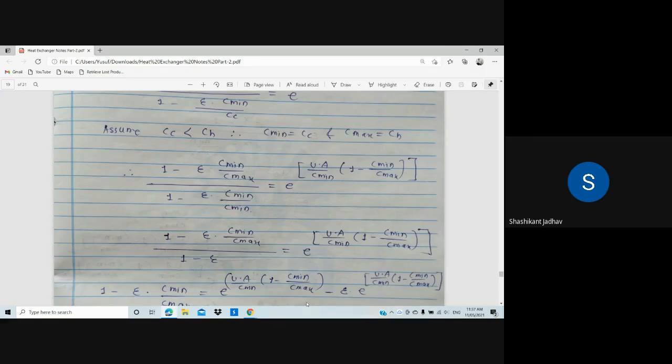Okay. Then do the simplification. In the denominator C minimum is there. So therefore 1 minus epsilon is there. And at the numerator 1 minus epsilon C minimum upon C maximum is equal to e raised to u into A divided by C minimum into bracket 1 minus C minimum upon C maximum.